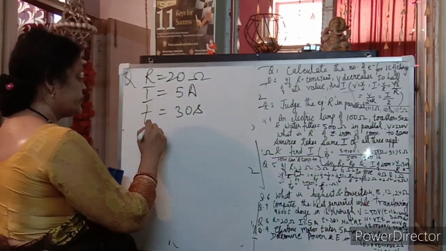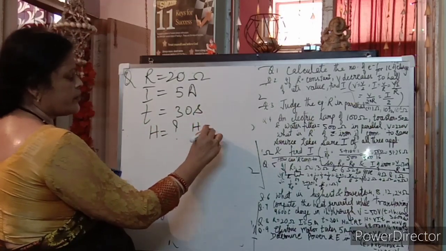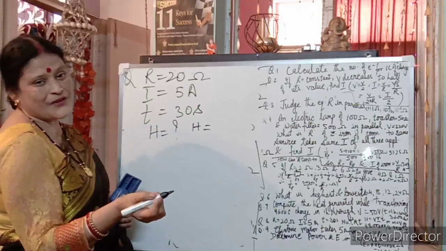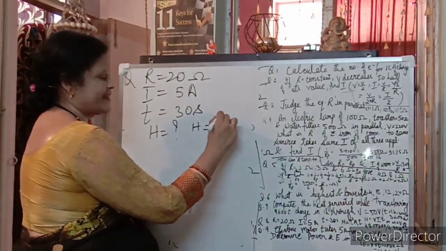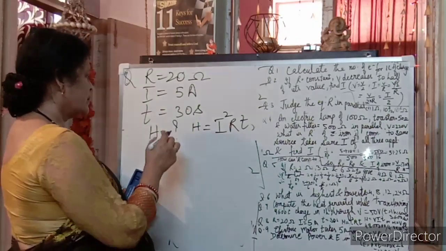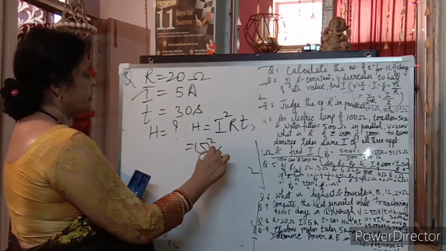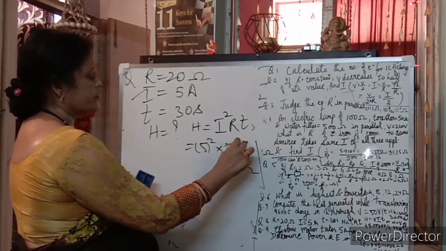Find or compute heat. H is equal to which formula, students? I square, Joule's law of heating. This is I square RT. So, 5 square into 20 into 30.